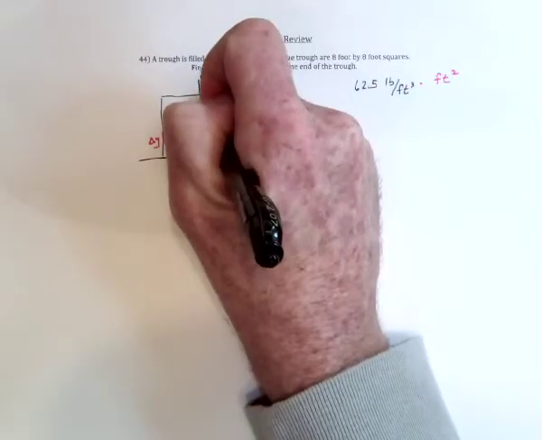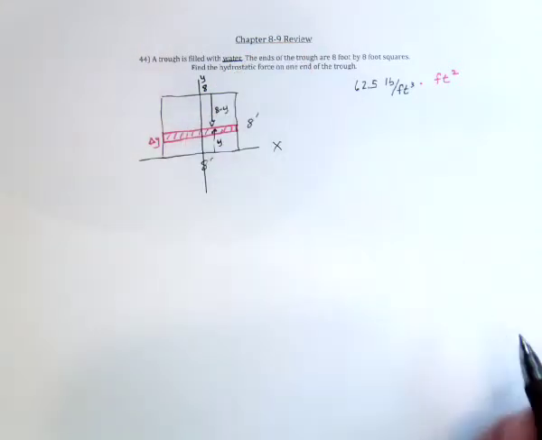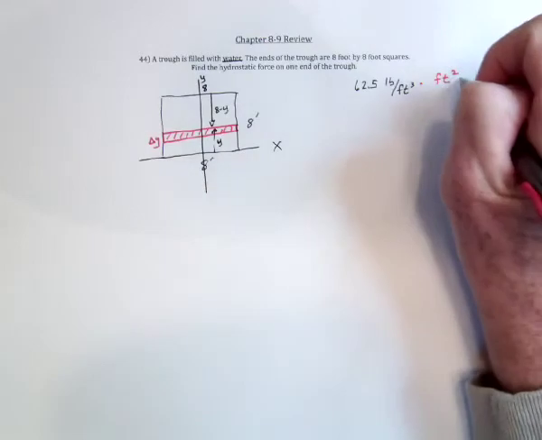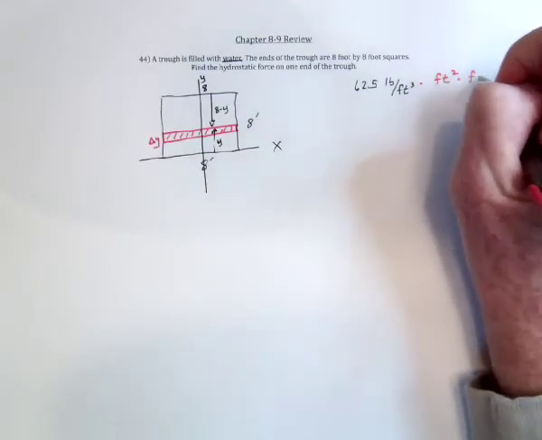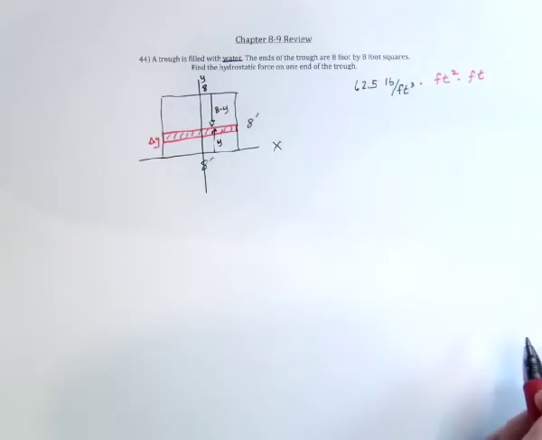Since this is going from 8 down, this length is 8 minus y. If we then multiply by that 8 minus y, which is in feet, all of the feet will cancel and we will have pounds, and that's going to be the total force in pounds.